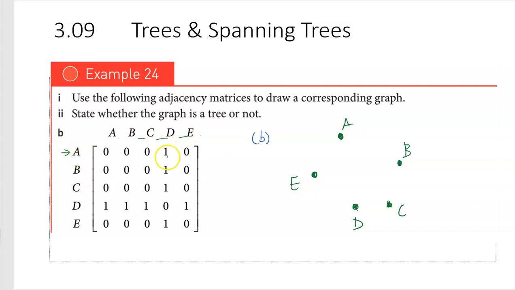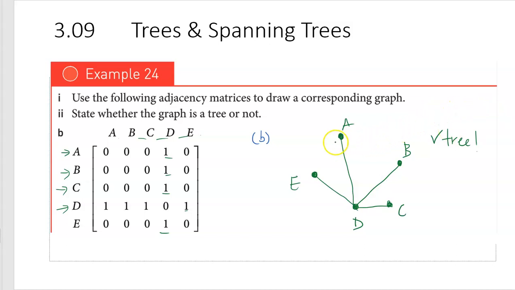A connects to D. In the second row, B connects to D. And C connects to D. And D connects to A, B, C, E. And E only connects to D. So for this question, obviously, this one is a tree. So you already know how to identify whether this is a tree or not.